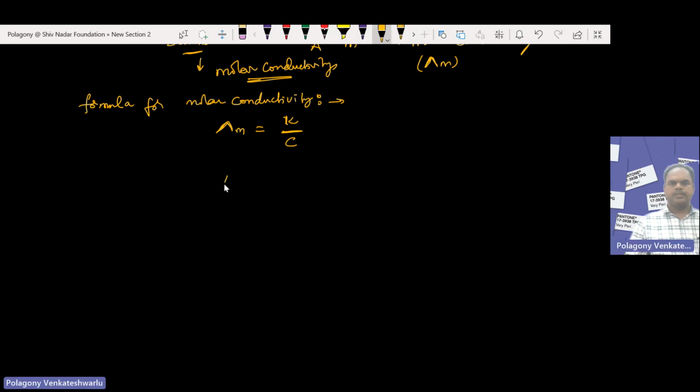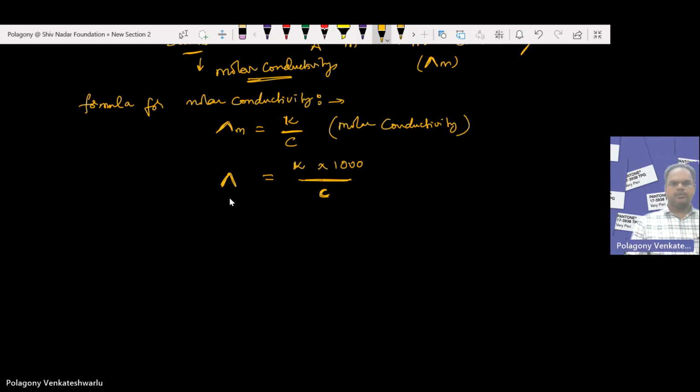So K is conductivity, into 1000 upon C, so K into 1000 upon C is the molar conductivity. This is the molar conductivity formula we write.